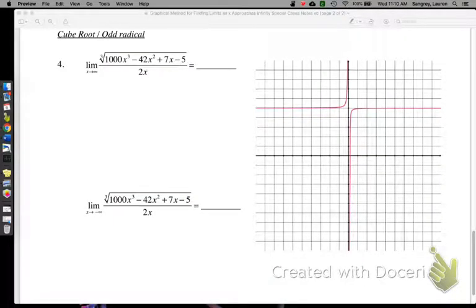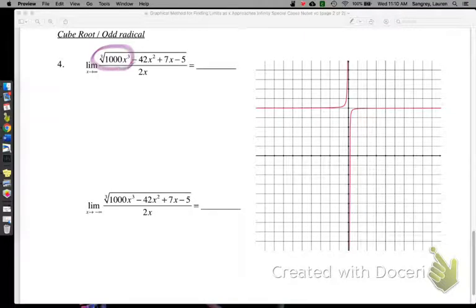Okay, now what do we do if it's a cubed root or an odd numbered radical? So 3, 5, 7, etc. With this one, we don't have to worry about the absolute value, because this isn't a square root, this is a cubed root. So we still are only concerned about our leading coefficients.